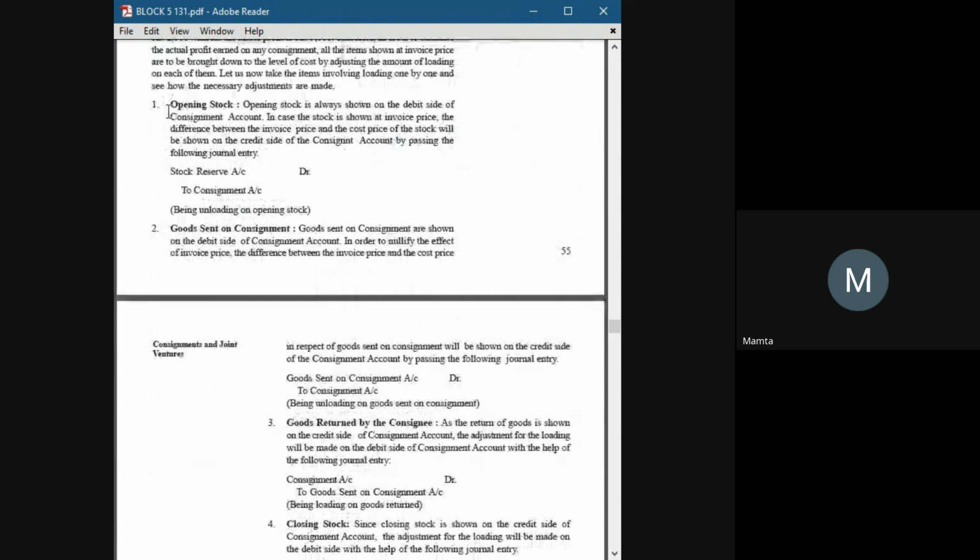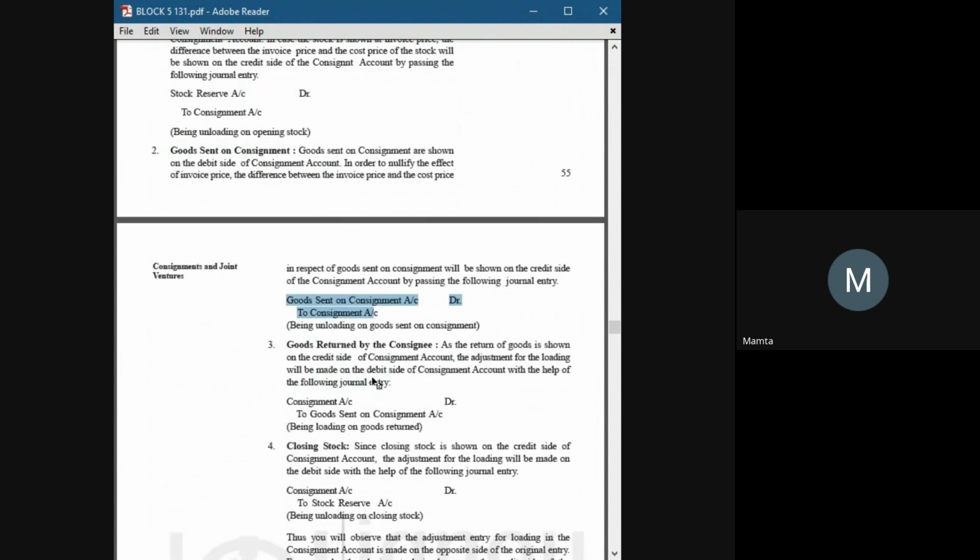Opening stock, the entry for the opening stock: stock reserve account debit to consignment account, being unloading of opening stock. Goods sent on consignment: same entry, goods sent on consignment account debit to consignment account.